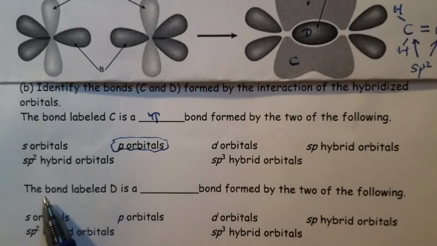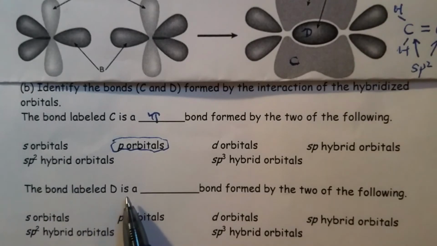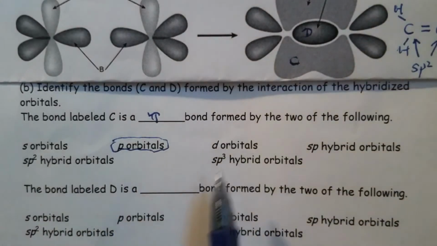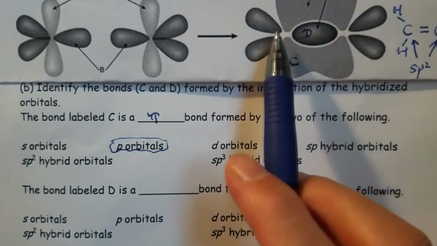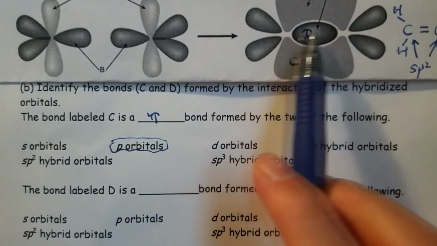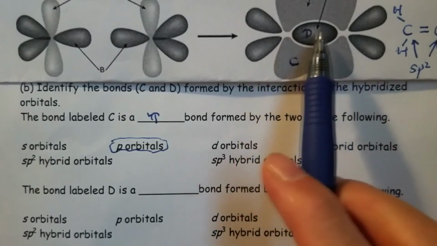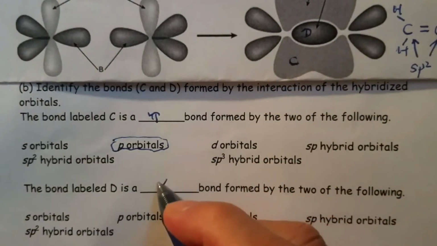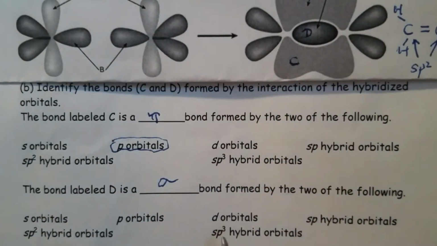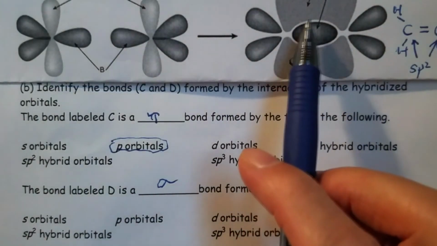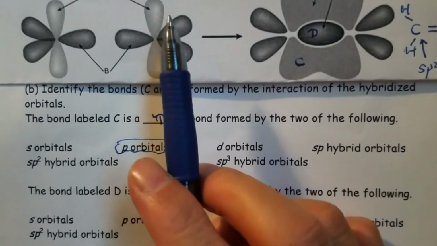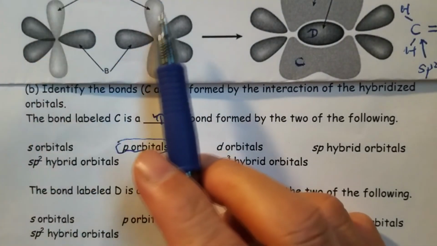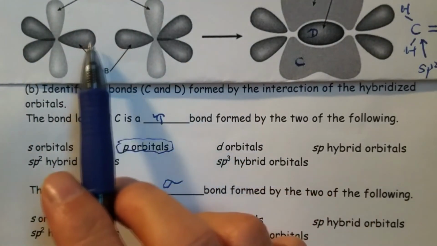Now the next one, the bond labeled D. You see, that's along the axis of the nuclei. We already learned that it has to be a sigma bond. And if it's a sigma bond, it cannot be formed by those two vertical p orbitals anymore, it has to be the B orbitals.